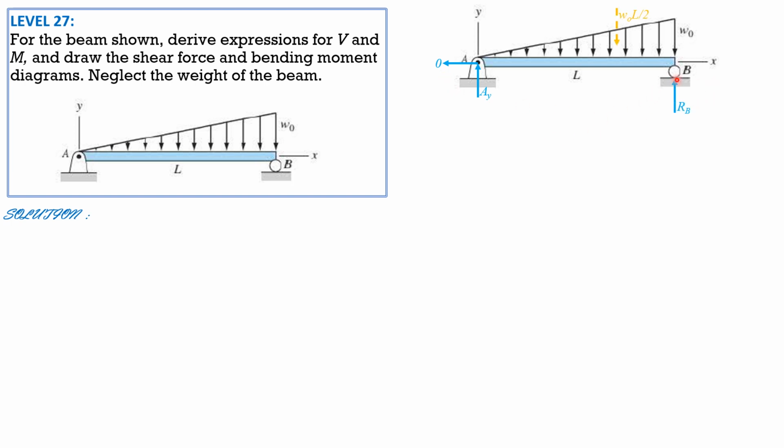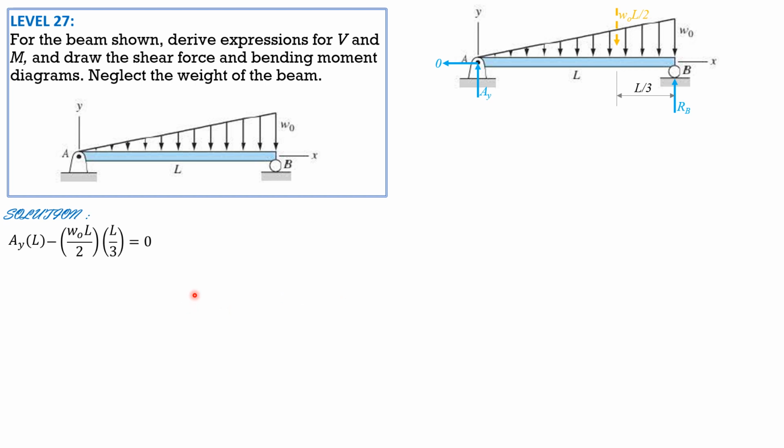Summation of moment about B equals 0. The equivalent loading is the area of this loading, which is 1/2 L times WO, WOL over 2, and its distance from the right is L over 3, and from the left 2/3 of L. So summation of moment about B equals 0: AY times L minus WOL over 2 times L over 3 equals 0.